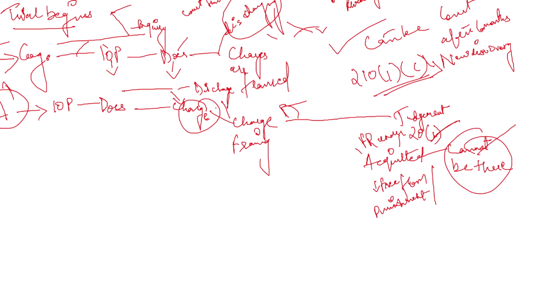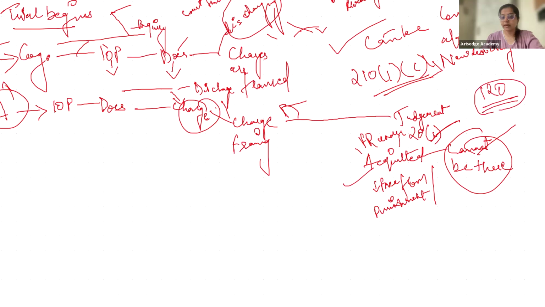No, ma'am, I think it's Article 20, double jeopardy. Yes, that is what I wrote. Article 20 clause 1. So this is Article 20, double jeopardy. In the case of acquittal, nobody can be called.